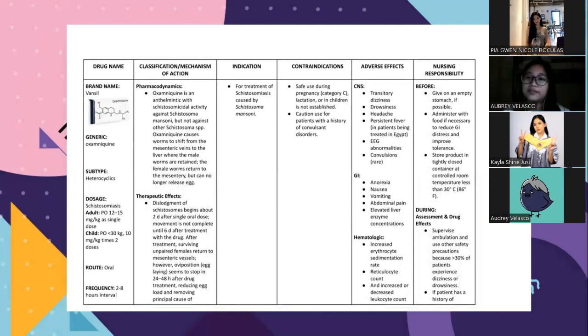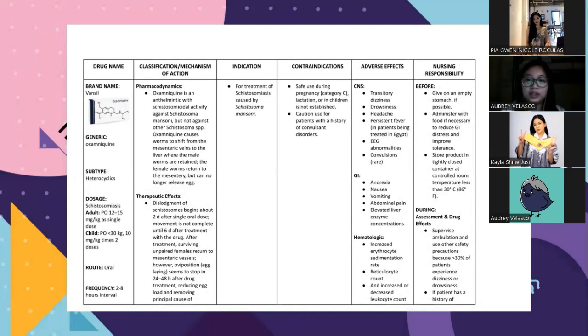And then for the adverse effects, central nervous system: transitory dizziness, drowsiness, headache, persistent fever in patients being treated in Egypt, EEG abnormalities, convulsions, which will be rare. GI: anorexia, nausea, vomiting, abdominal pain, elevated liver enzyme concentration.